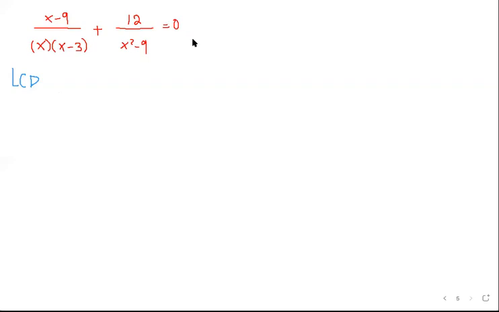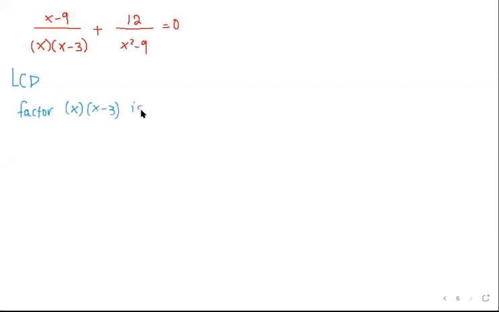So we have to do the factoring for both denominators. What is the factor for the first fraction? For x, it's not factorable. x minus 3 is the same.